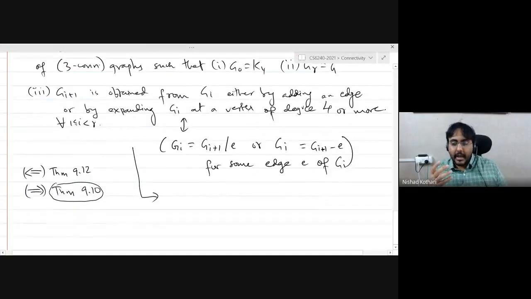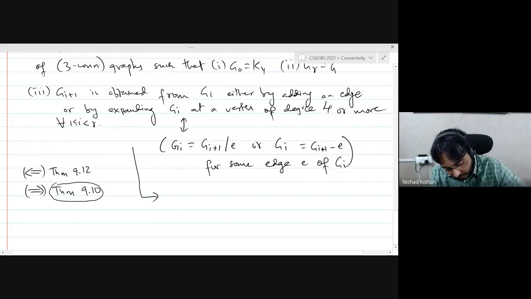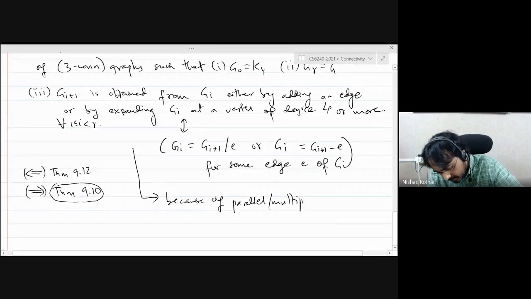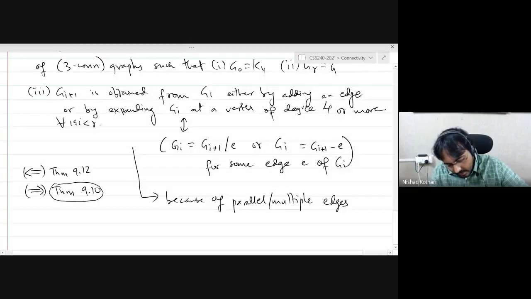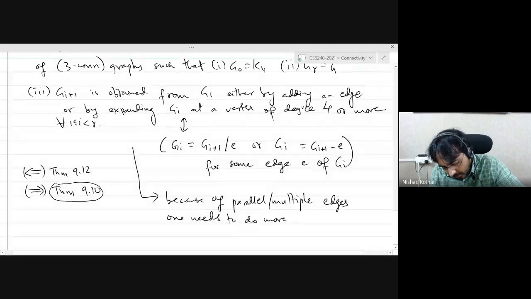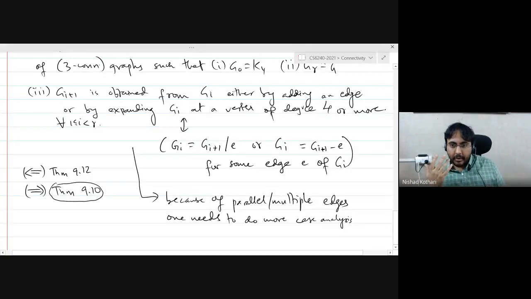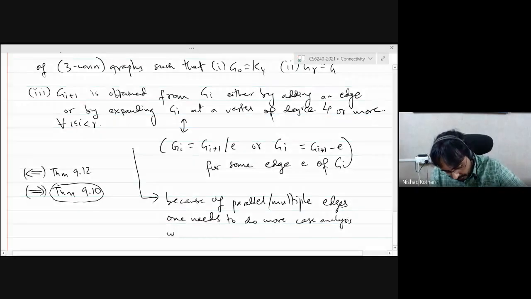Because you have parallel edges, which I also call multiple edges, one needs to do a lot more case analysis, or one has to be very careful when proving other, more difficult theorems using this corollary.